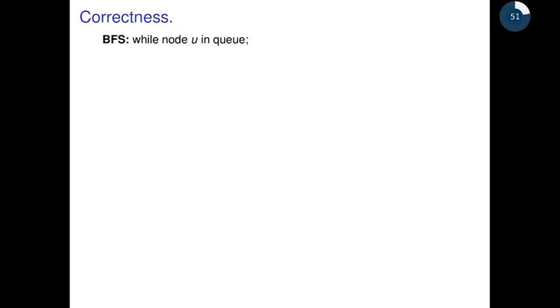Okay, so while node U is in the queue, you add the unvisited neighbors of U to the queue. So you pull a node out of the queue and you add its unvisited neighbors to the queue. That is, in words, what the BFS procedure does.